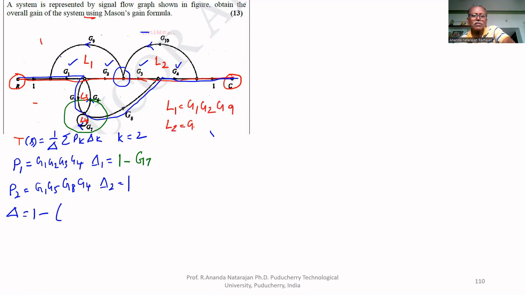L2 equal to G3, G4, G10. L3 equal to G5, G6. L4 equal to G7.